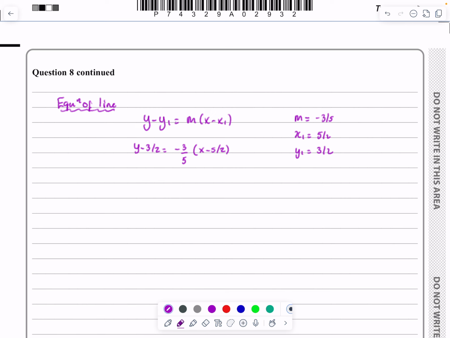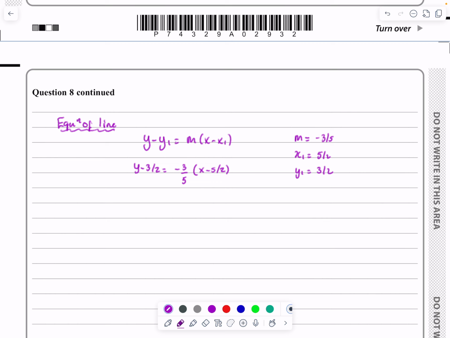Multiply everything to get rid of that fraction on the bottom. Let's try and tidy it up and get rid of all of it in one go. So if I multiply by 10, I'm going to get 10y minus 15 is equal to minus 6(x minus 5/2), which then means 10y minus 15 is minus 6x plus 15.